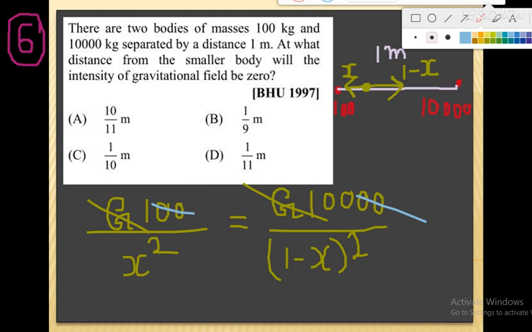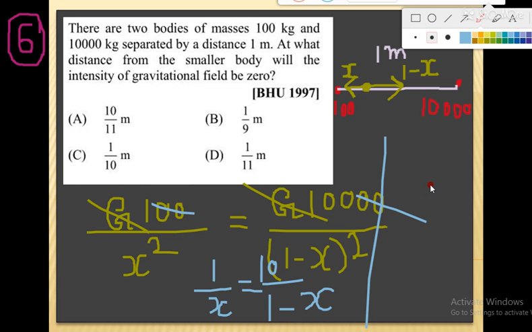So after taking square root, it will be 1 by x equal to 10 by 1 minus x. Let's cross multiply it.